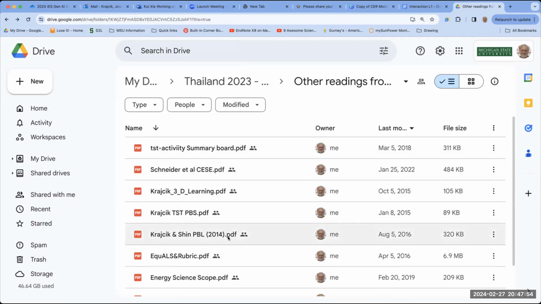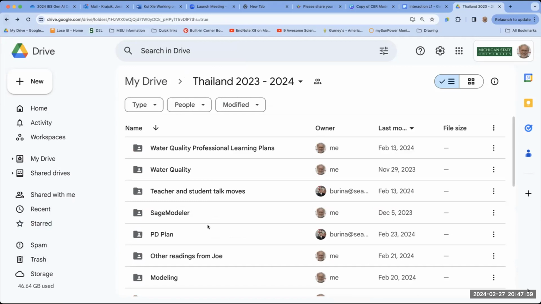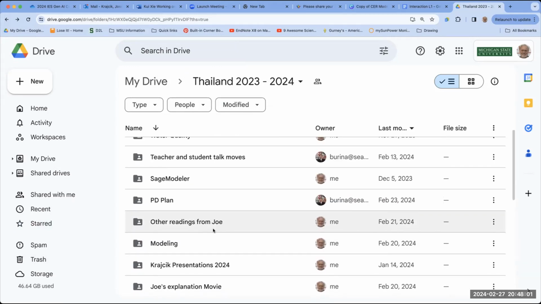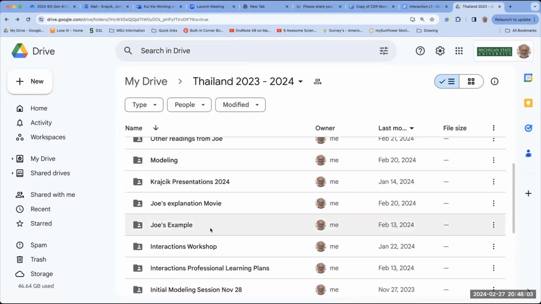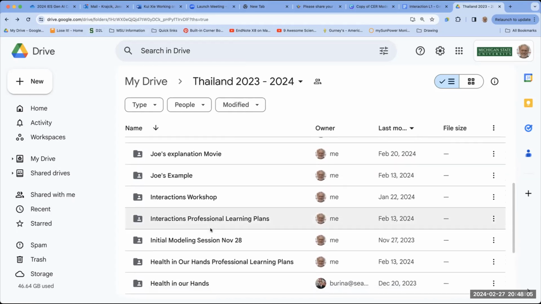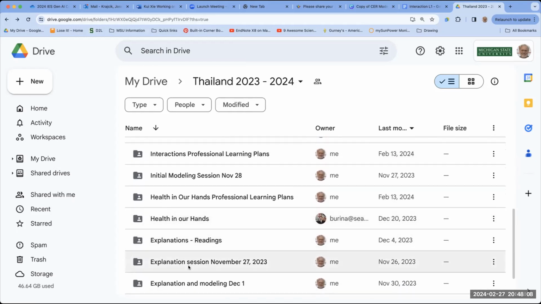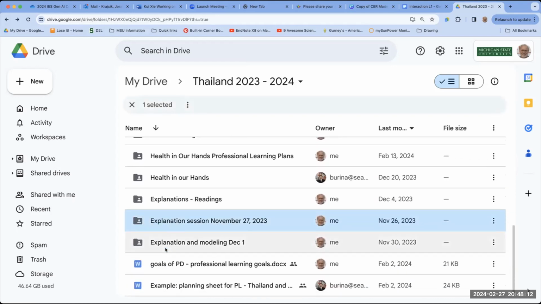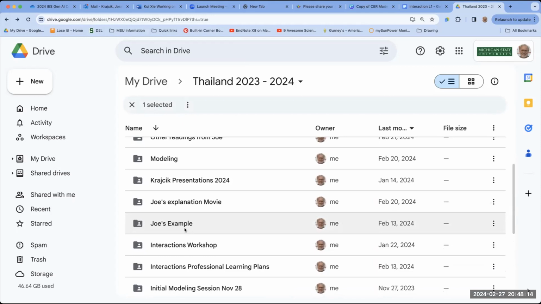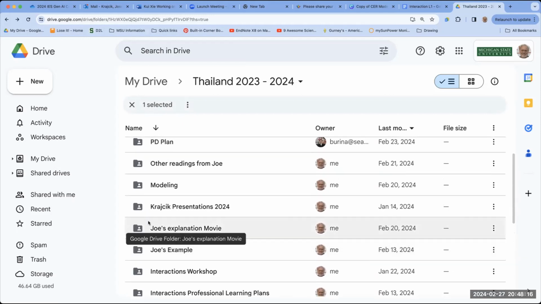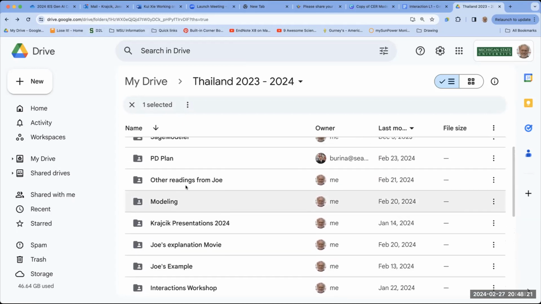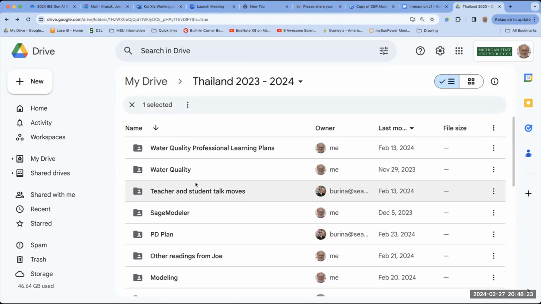These are more background information articles. I will make sure I put some of those assessment readings in. I haven't looked here for a little bit, so I don't see the readings related to explanations. I'll make sure I drop them in here.